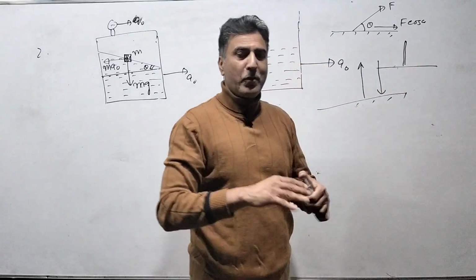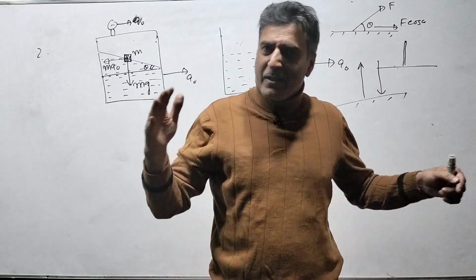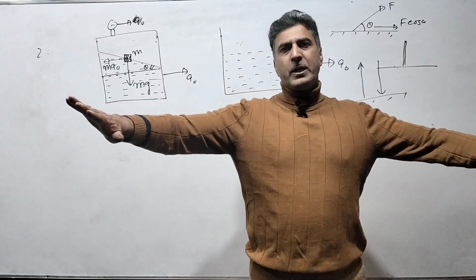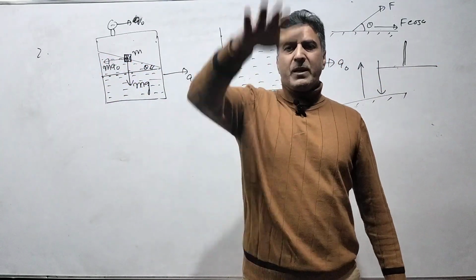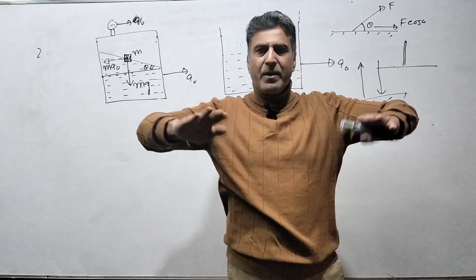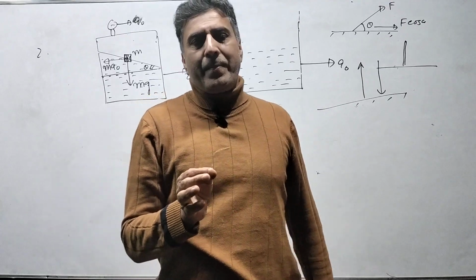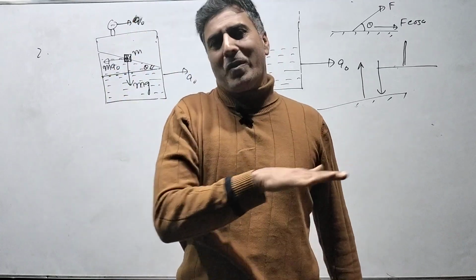If it makes some angle with respect to the water surface, it will flow. If I push the water like this, it will flow. But if I push the water like this, there will be waves produced, but water will not flow. So water remains in equilibrium under a force which is normal to the water surface.